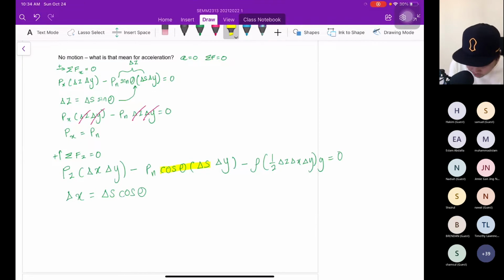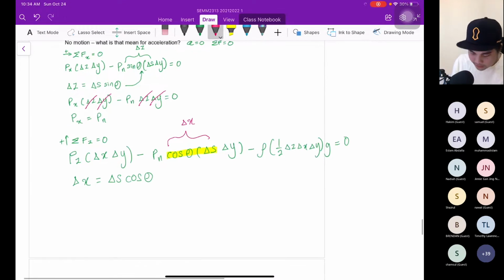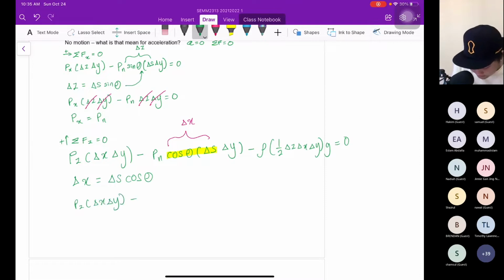So now we can use our equation. Pz delta X delta Y minus Pn delta X delta Y minus rho half delta Z delta X delta Y G equal to 0.